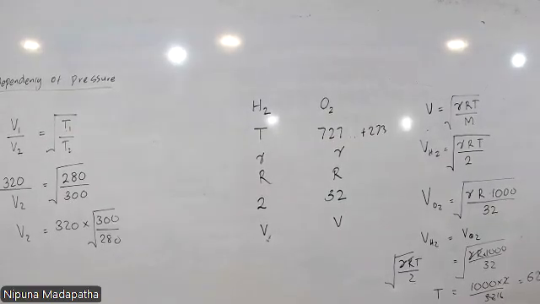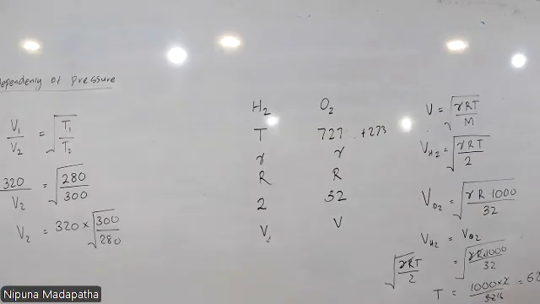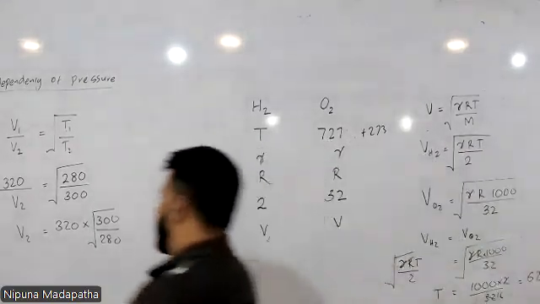MCQ tutorial. What is the wavelength of a 512 Hz note in air at this temperature? Pick up the value, 27. You know the speed; now you have taken the speed here.